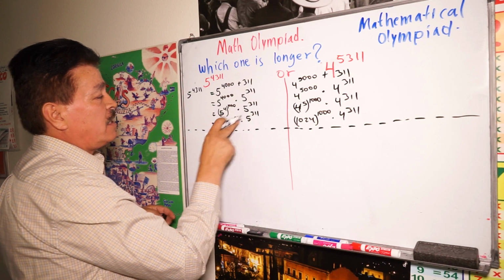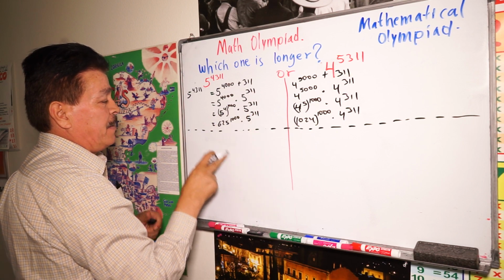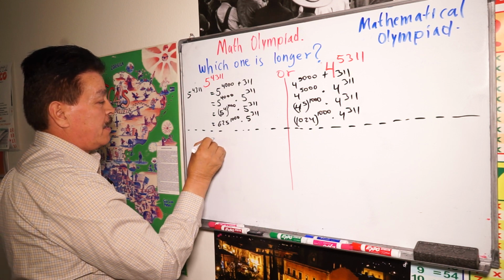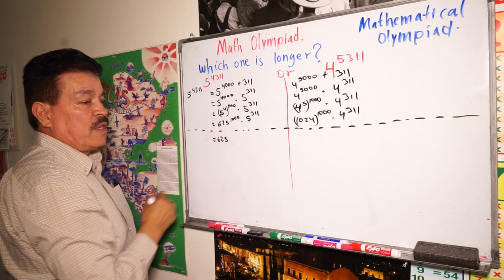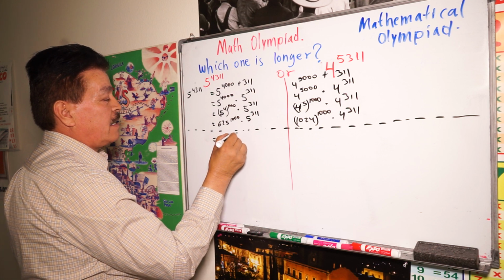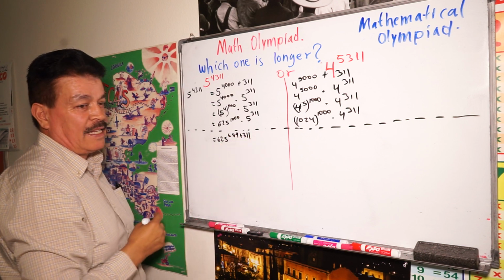We have 1,000 here, so the next step is going to be 625 to the 689 plus 311. All right.